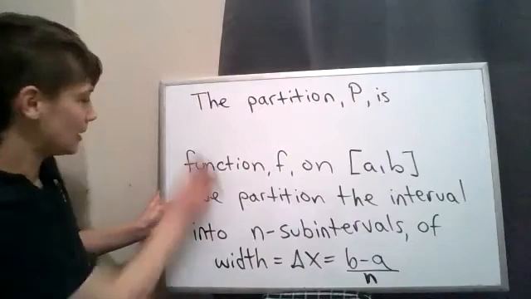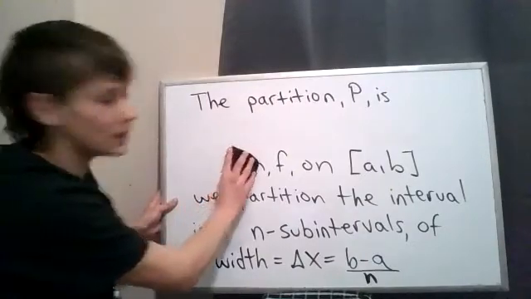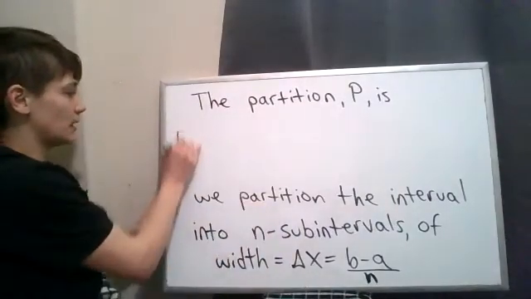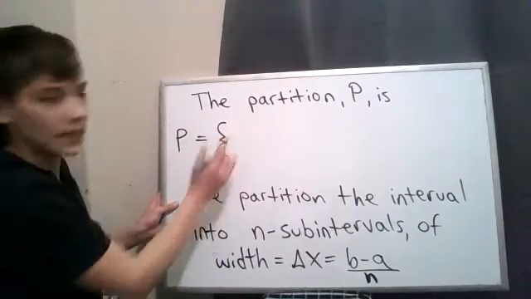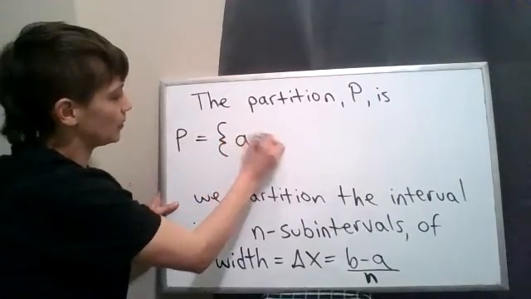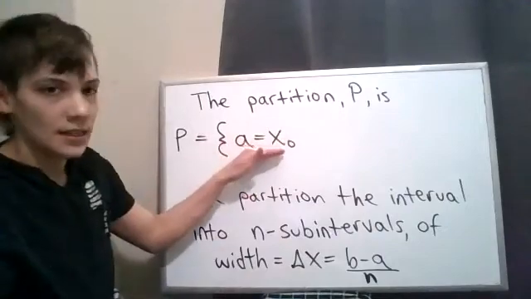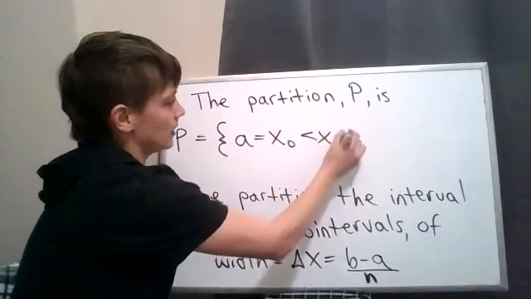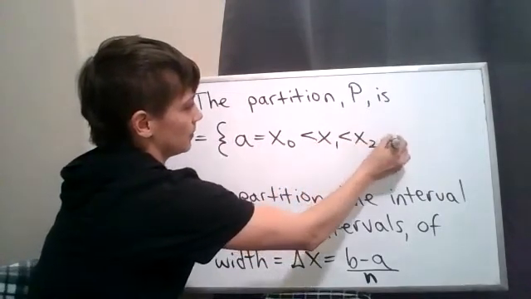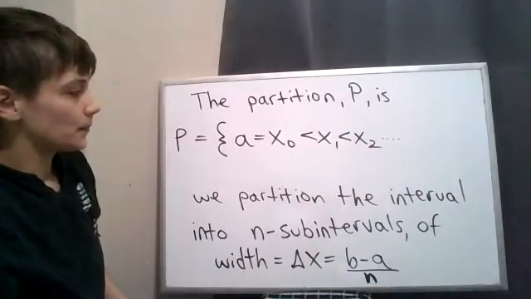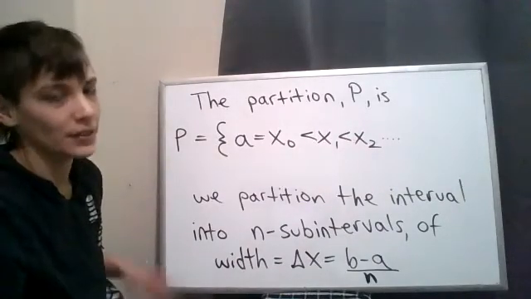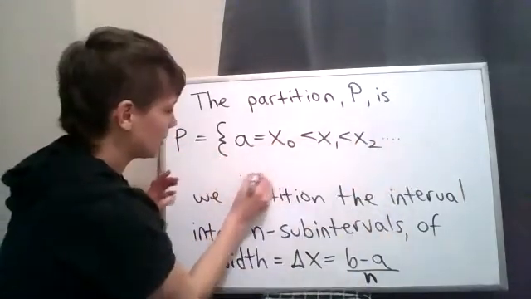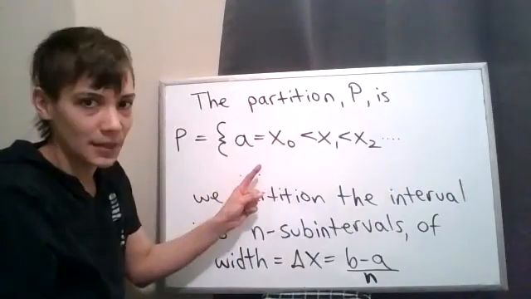It's a set. Starting from a, going to b, we're going to call a, x naught. The set starts at a equals x naught. x naught is less than x1, which is less than x2. If I can make this all fit on a nice big whiteboard, it would continue straight on, but we're going to pick it up with x sub i minus 1.